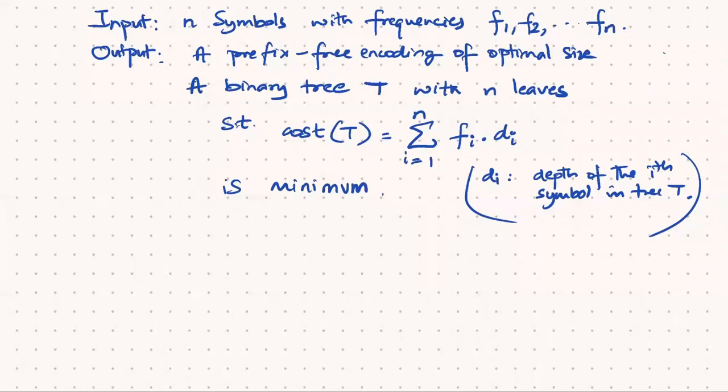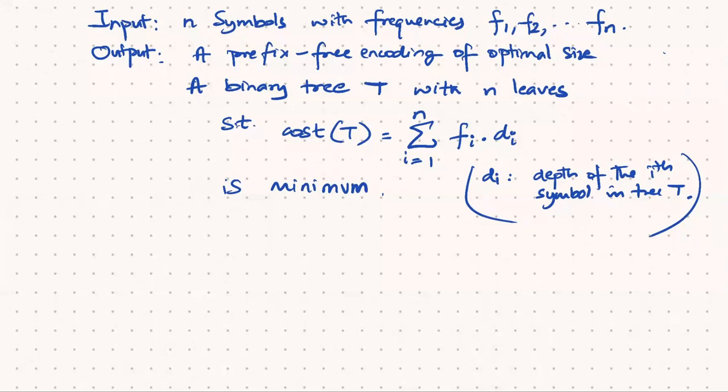So remember that the problem we are trying to solve was the following: we had n symbols with n frequencies, and we are looking to find a binary tree such that each of these n symbols occurs in one of the n leaf positions of this binary tree.